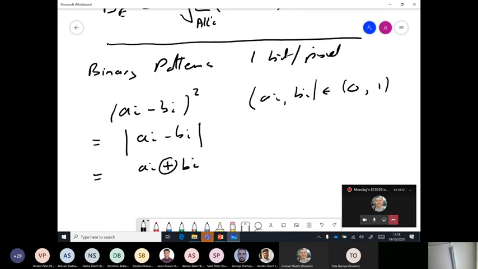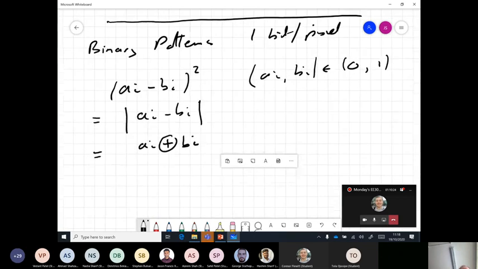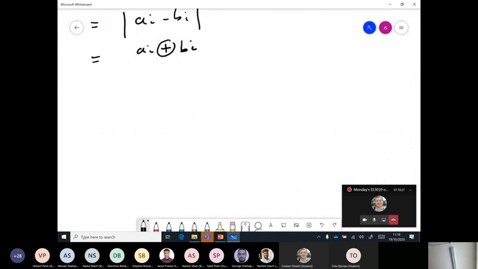And again, put in the values of A and B: 0 0, 0 1, 1 0, 1 1. You will find that the squared term is equal to an XOR operation. So you've now got a very simple hardware system which will measure the distance between binary patterns.